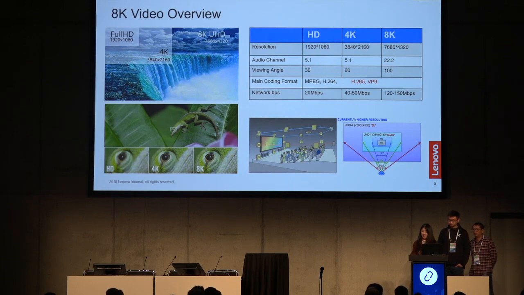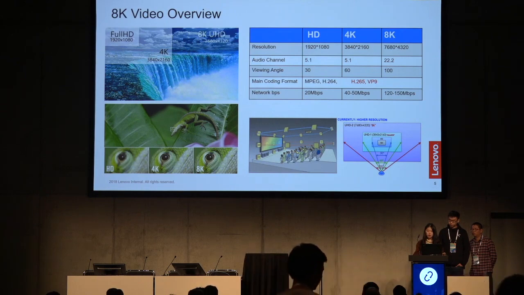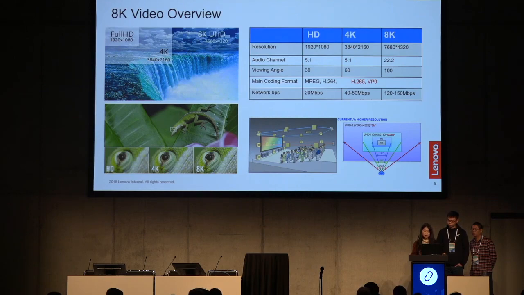As for the coding format, 8K uses H.265, or what we call HEVC, or VP9. Next, for the network bandwidth, to transmit 8K at 120 FPS, the network bandwidth needs to reach 120 Mbps, while for HD and 4K the number is much smaller.